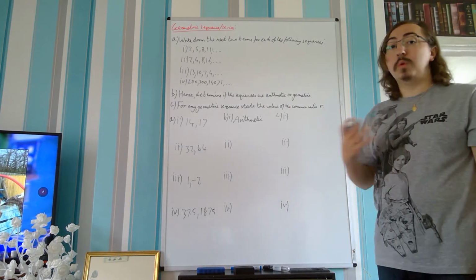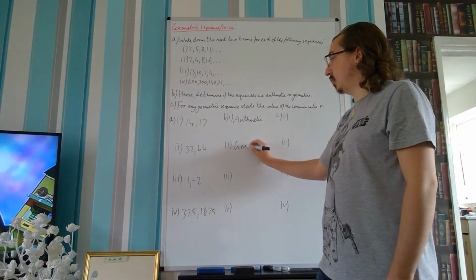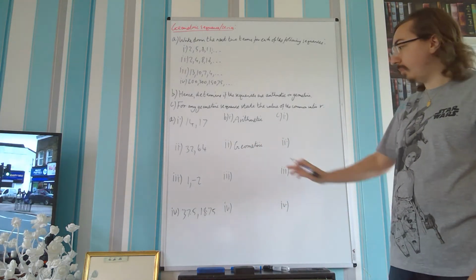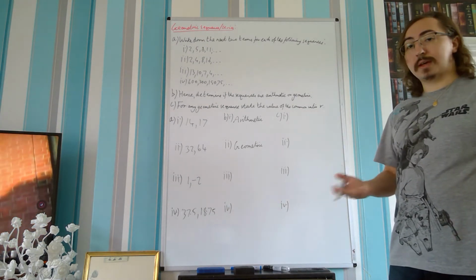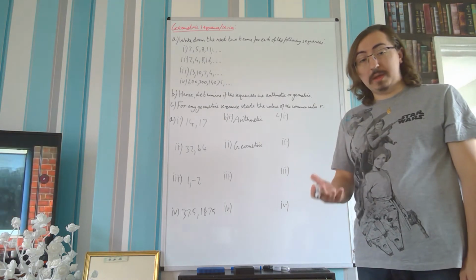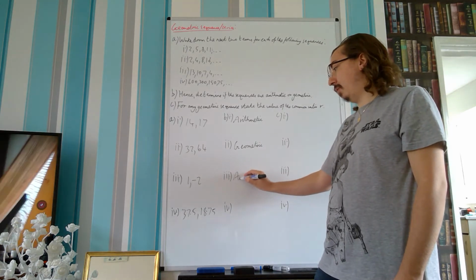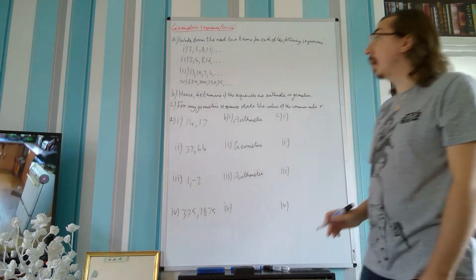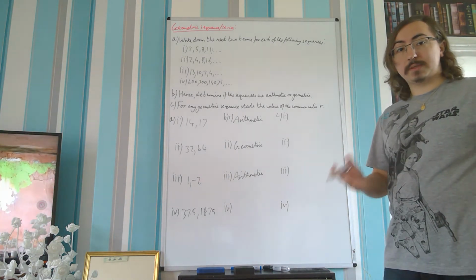So because we are multiplying each time, this makes it a geometric sequence. For the third one, which is 13, 10, 7, 4, and so on, each time we are subtracting 3, and if it's a subtraction, this makes it an arithmetic sequence.